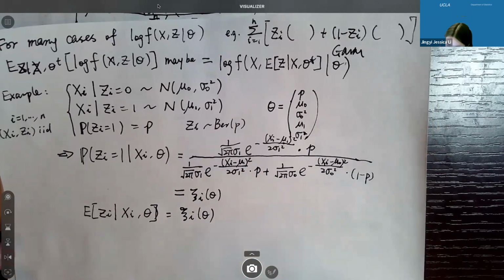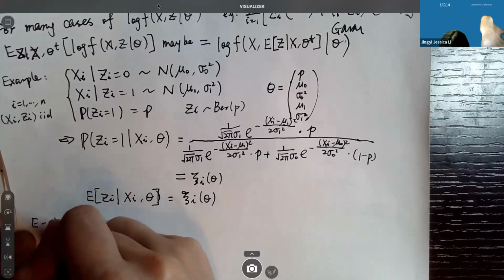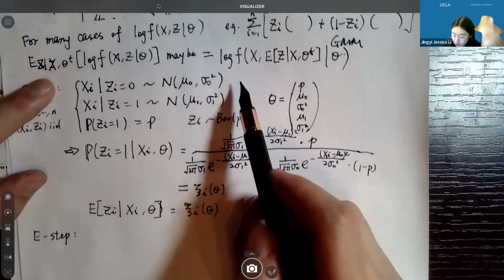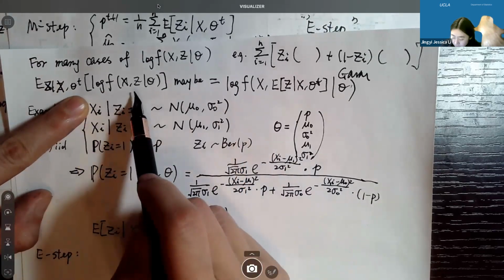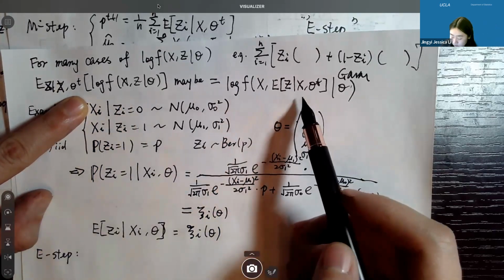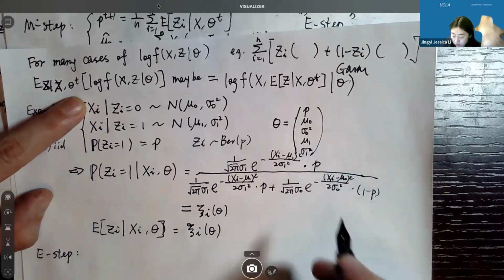Then in the E step, because we know in this case, our expectation of this log complete likelihood is ultimately the log complete likelihood with Zi's replaced by these conditional expectations.